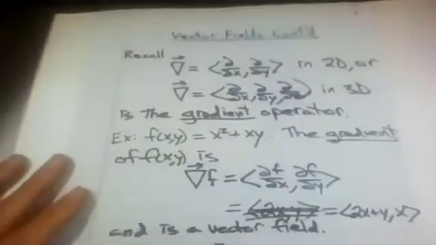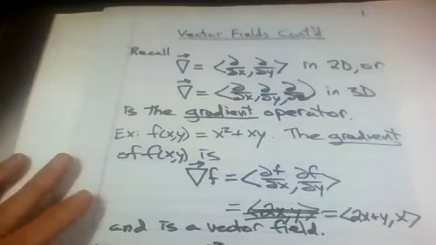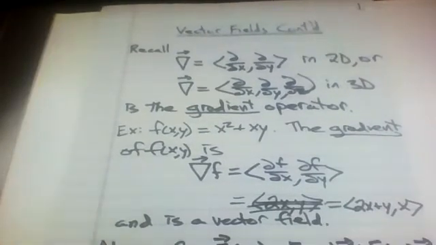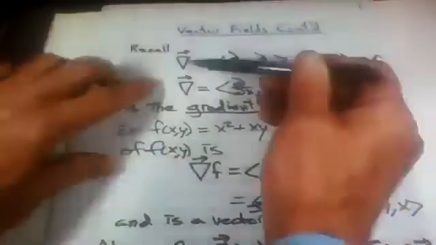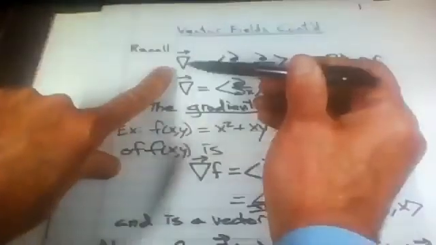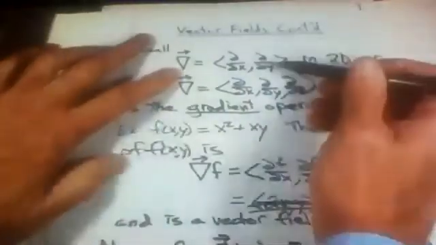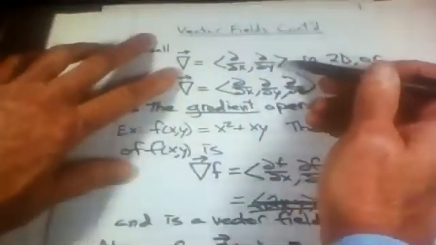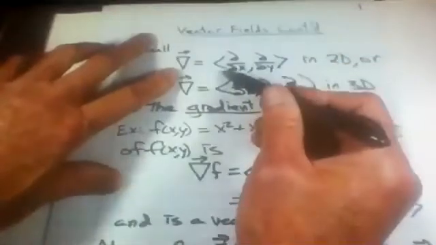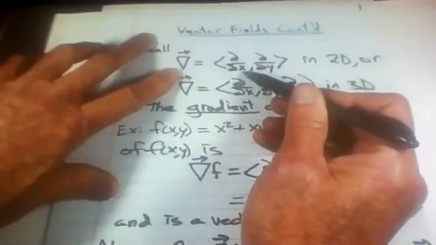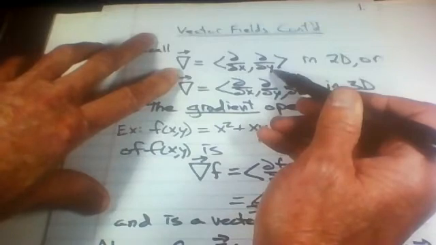Today we want to finish what we were talking about on vector fields. Just want to remind you that this operator we call the del operator. Delta upside down is called del. In 2 dimensions it can be written as the vector of partial derivatives, d dx, d dy.